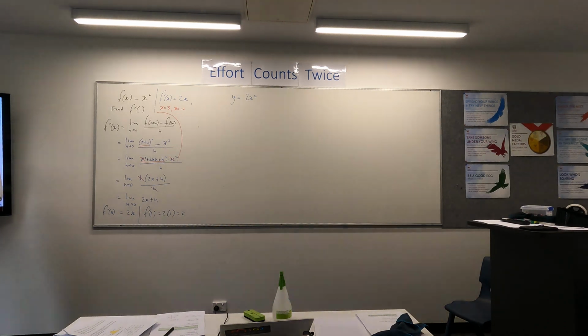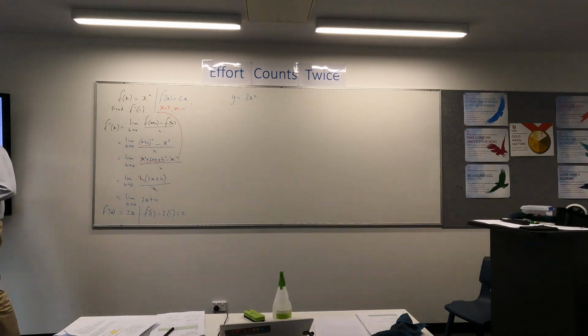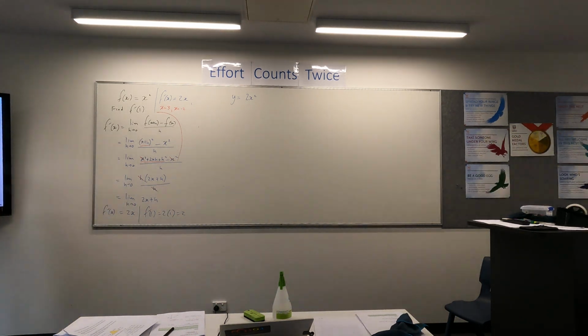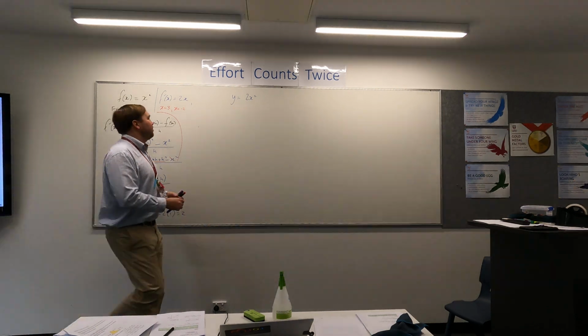They both basically invented it at the same time, and ever since then we've been having to roll with the same pair of notation simultaneously. This is the slope of the function at x, and this is the change in y over the change in x, meaning rise over run at that particular point. They mean the same thing, they're just written differently. This is much easier to use, the f dash one, but you'll see both.